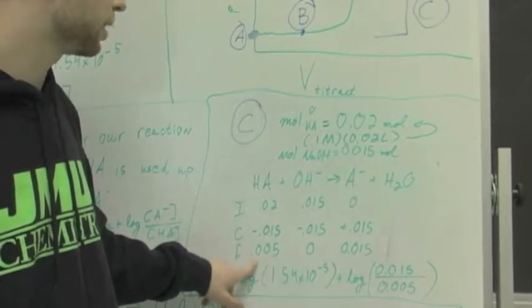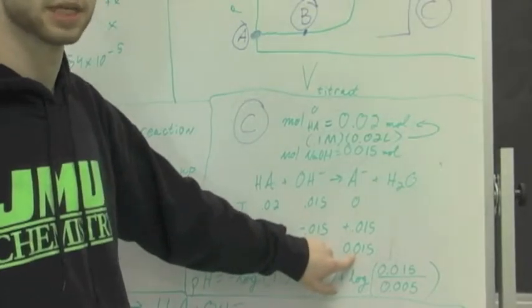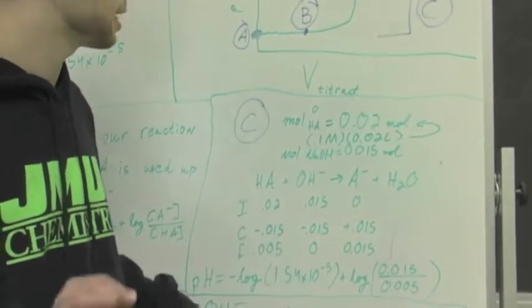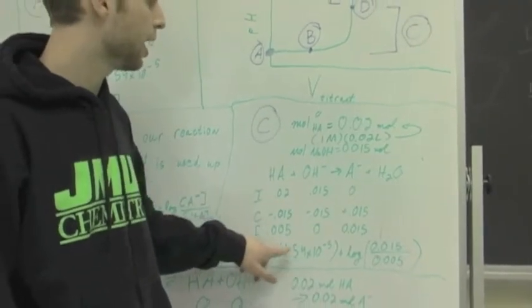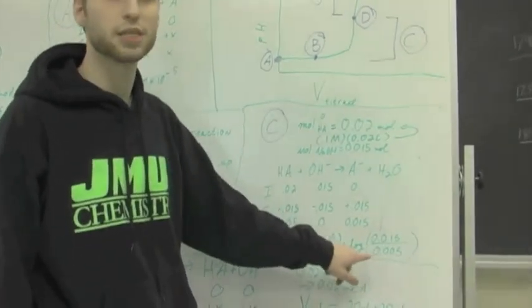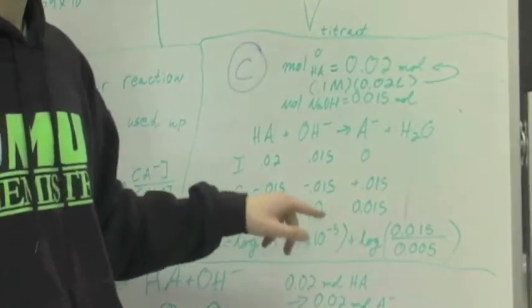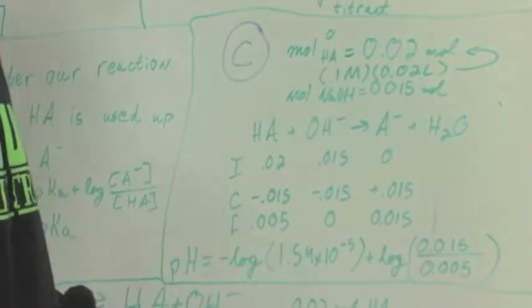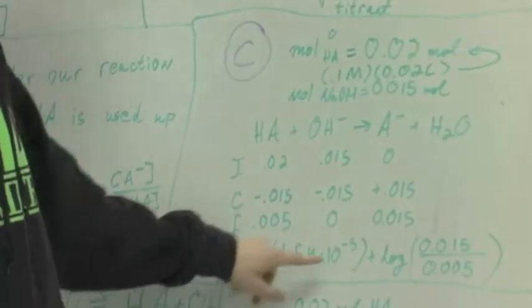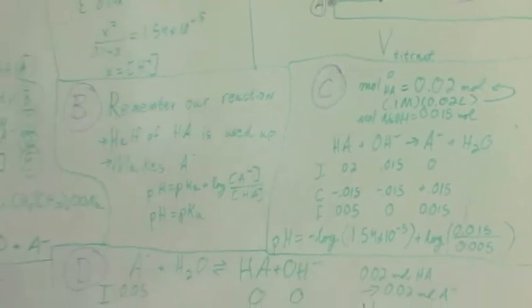And I'm left with this concentration of conjugate acid and this concentration of conjugate base. Now because this is a buffer, there is conjugate acid and conjugate base, I can just go ahead and plug these numbers into the Henderson-Hasselbalch equation. And when I'm doing that, remember, these numbers are moles. I'm cheating, but it's okay because it's a buffer. So I can use this and solve for my pH over here.